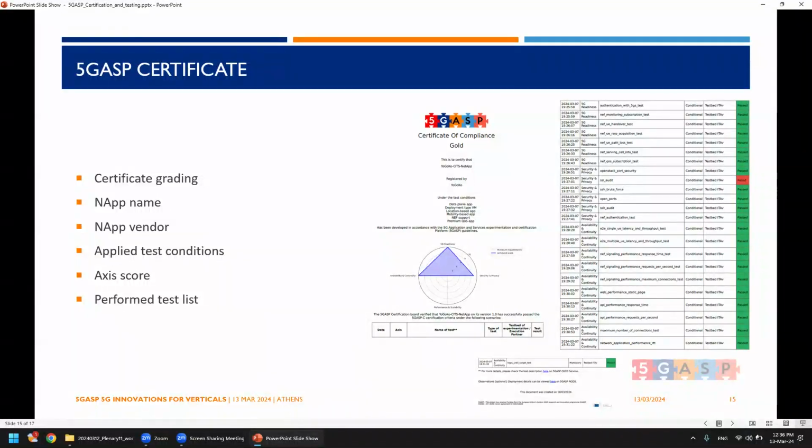As you can see, for this specific certificate, for example, it is awarded as gold, but a specific test failed. Again, the gold certificate can be awarded if the test axis can have a score above 8. So this specific test is one of many in the security and privacy axis, so it doesn't actually undermine the overall score of 8.